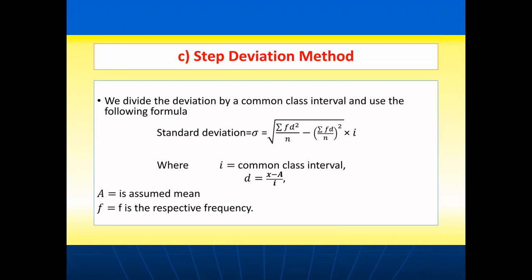Sigma is equal to square root of sigma fd square divided by n minus sigma fd divided by n, whole square, into I. I is nothing but the width of the class interval, where d is equal to x minus a divided by I. This is how we are going to calculate the deviation. These formulas you have to remember, this one and this one. Now when you know these particular values, it is very easy to substitute into this formula and get the final answer.